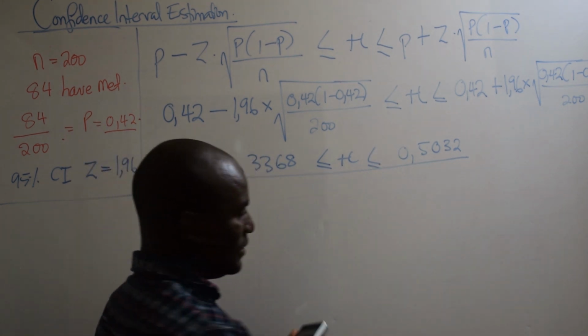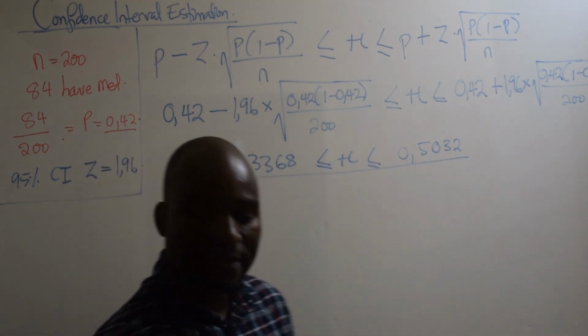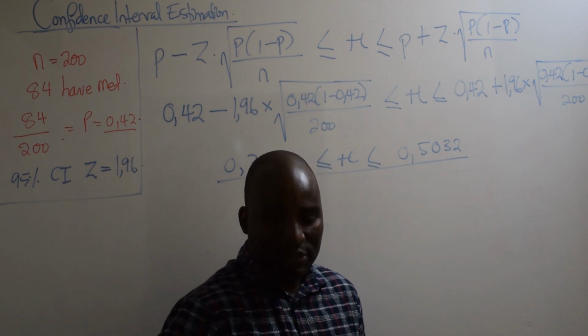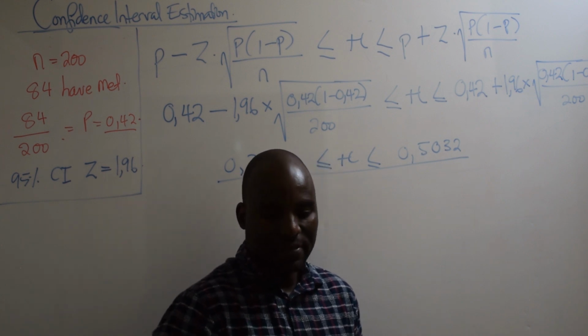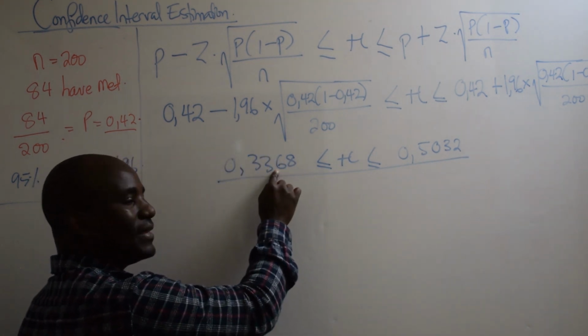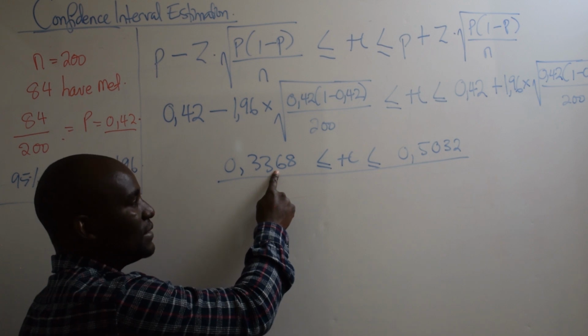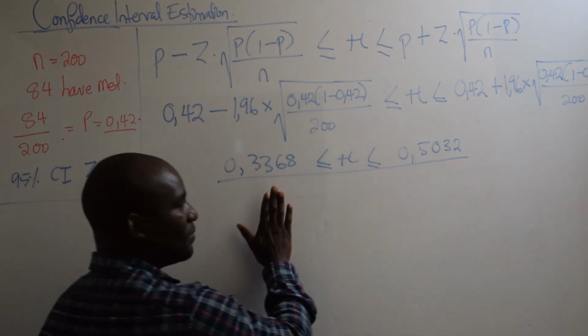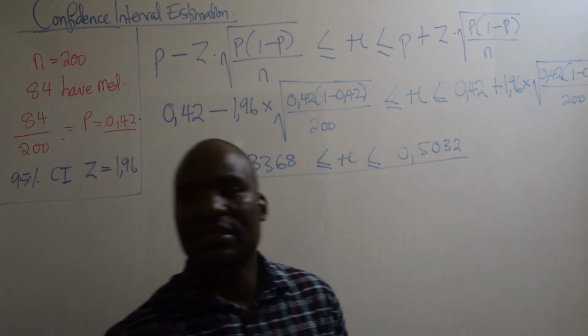This is our answer. So what does it mean? It means we can change this into a percentage and say between 33.68% and 50% of the firms have met their employment equity charter.